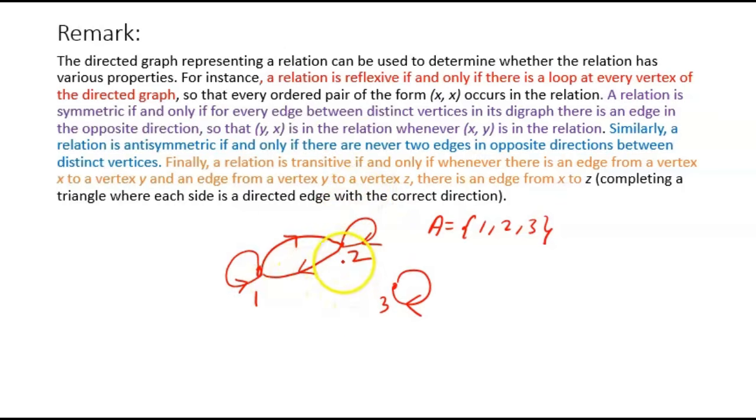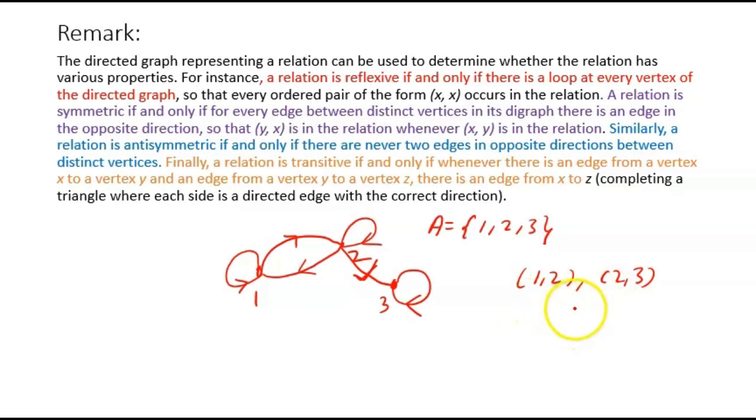Similarly, if I say that a relation is transitive, it means what? Suppose 1 is related to 2, so there will be an edge from 1 to 2, and 2 is related to 3, so there is an edge between 2 and 3. Then the 1, 2 element is there and the 2, 3 element is there.